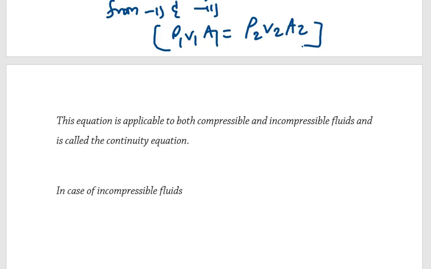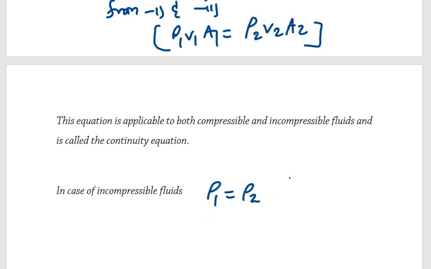Now we take the assumption that the flow is steady and incompressible. For incompressible fluids, rho 1 is equal to rho 2.